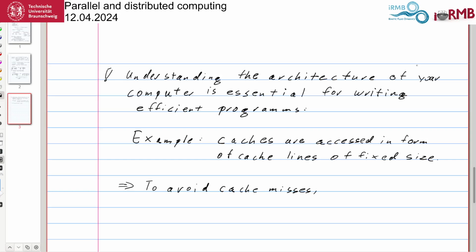It's in the range of 1 gigahertz. So how far can you move in 1 gigahertz, in one billionth of a second? 30 centimeters.